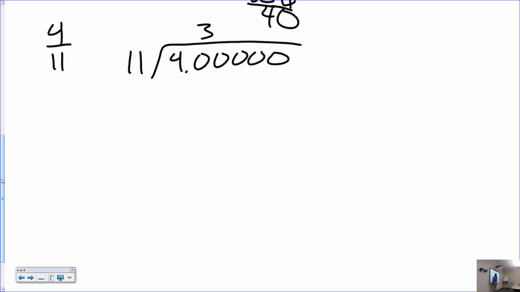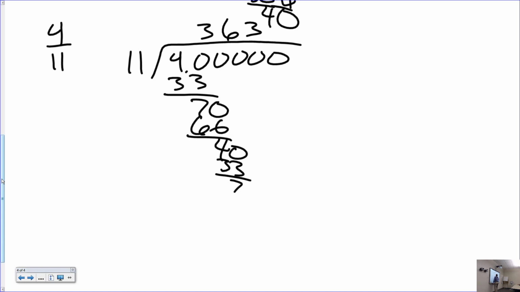Okay, good, right? 3, 6, 3, 6, 3. What's going on, folks? Repeating pattern. What's repeating? The 3 and the 6. So how am I going to write that? Yeah, that's when you put the line over the whole thing. When the 3 and the 6 repeat, they both get the line. When it's just the 6 repeating, just the 6 gets the line. Okay? So that's how it works.